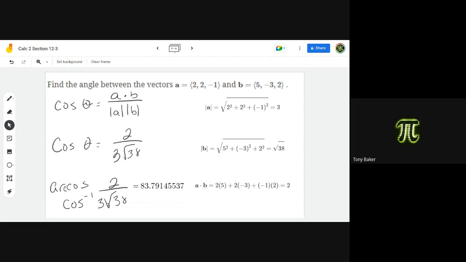If you want it in radians, just put it in radians. Either way would have given you the final answer. Most times when you're looking at angles between things, degrees is typically how we look at it. When you're looking at a function over time on a graph, that's where your radians come into play.